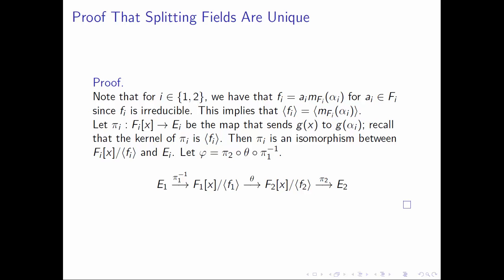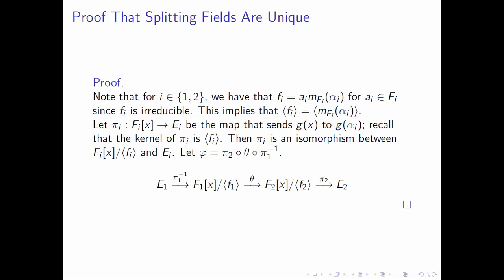The reason that map carries over to these factor rings is because we've taken f2 to be the image of f1. So we already had the map theta from F1 adjoined x to F2 adjoined x, and it respects these factor rings because theta of f1 is equal to f2.